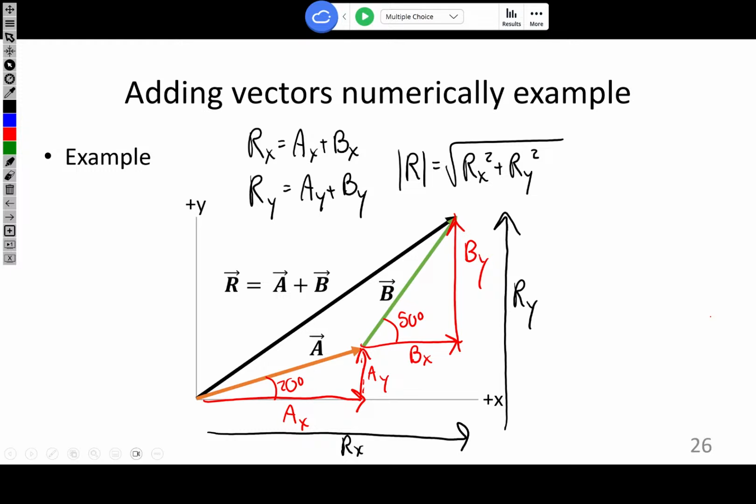Each individual step I just did is something we did in previous slides. This is putting it all together. You break things into components. We practiced that. Ax will equal this times cosine of this. Ay will equal this times sine of this, because this is the adjacent and this is the opposite. Once you find Rx and Ry, how do I find the hypotenuse? Do that.